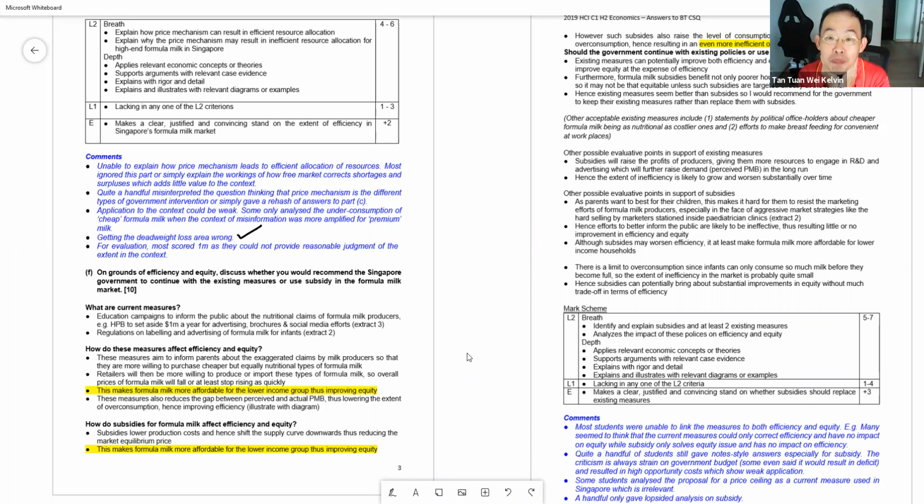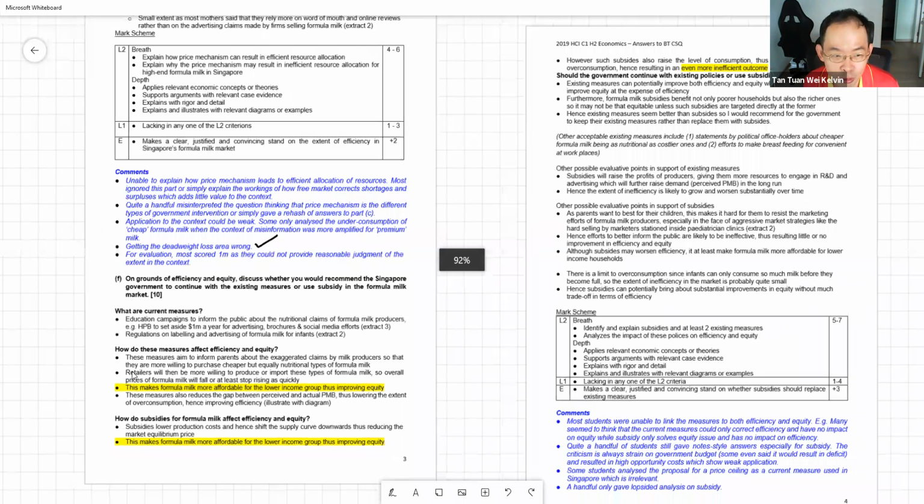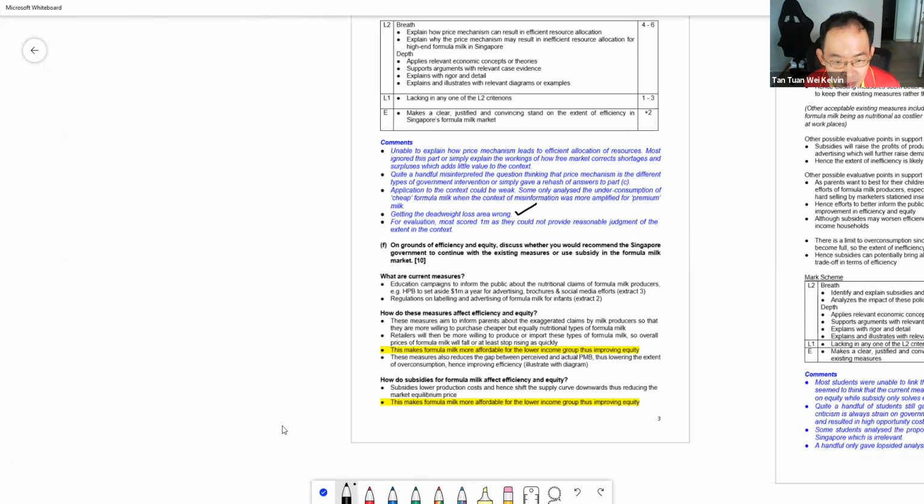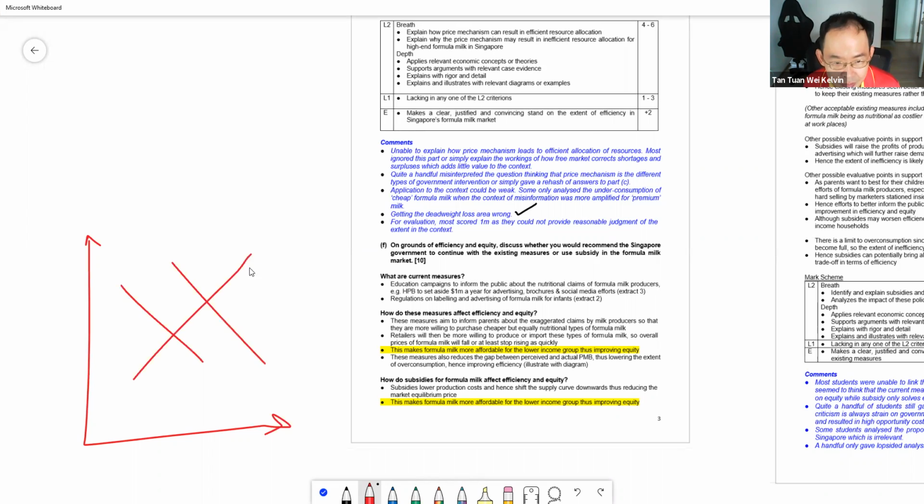So likewise, right, for imperfect information, can I strongly recommend all of you do a good job in explaining public education. So when you explain the graph, let me show again. You can draw a new graph, but if you don't, you can use the same graph in part E. So if this is MPB actual and MPB perceived, you want to stress that if the public education is successful, right, this line basically vanishes.